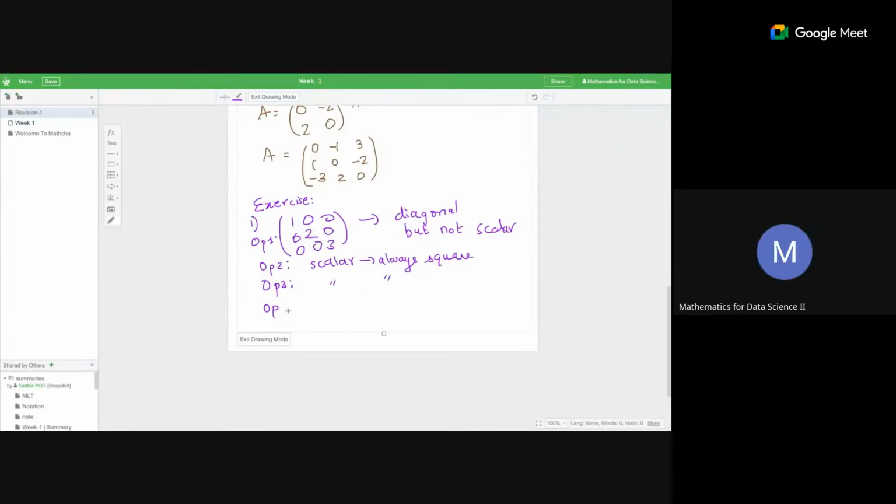And option 4, any scalar matrix is an identity matrix. No, false, right? So this is scalar, but is this identity? It can be a scalar multiplied by identity. It is scalar but not identity. The option is saying that any scalar matrix is identity, but it is not. Okay, fine.